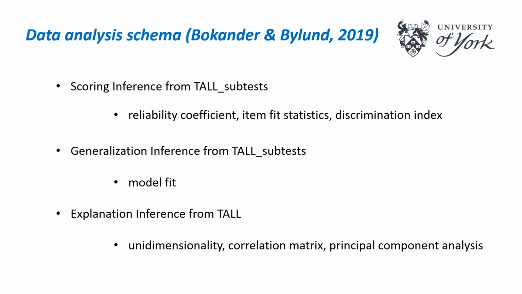And as a battery for the construct of aptitude, whether the subtests are associated in a way that is consistent with aptitude theory, the explanation inference is to give the answer based on subtests unidimensionality, correlation matrix, and principal component analysis.